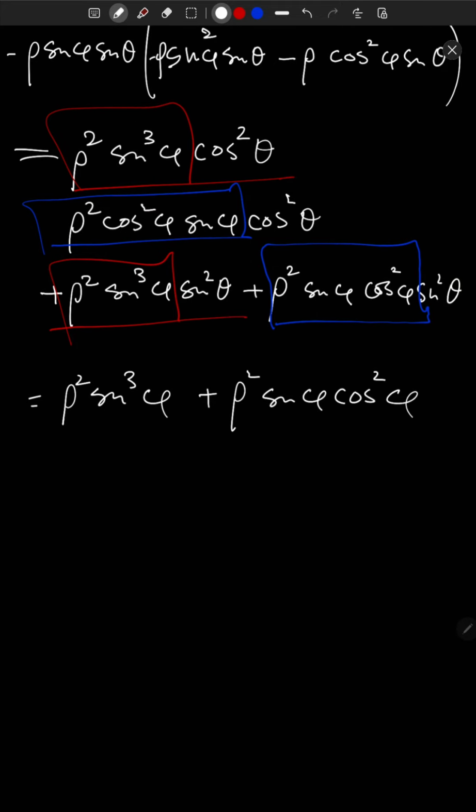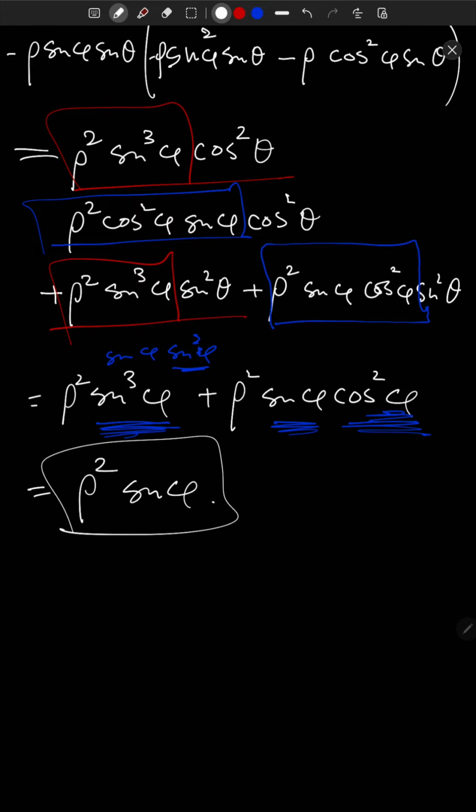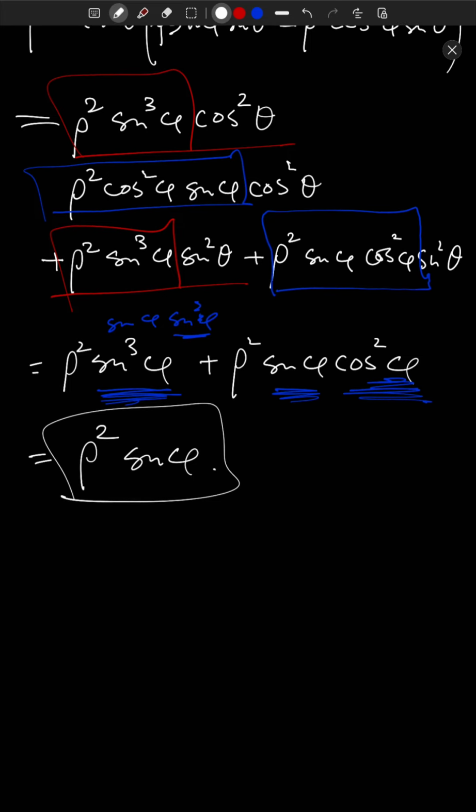And then here we have sine phi times sine squared phi, and here sine phi and then cos squared phi. So this sine squared and that cosine squared go together. The two coefficients are the same. So we just end up with rho squared sine phi, right? Which is what we saw was the conversion for spherical coordinates.